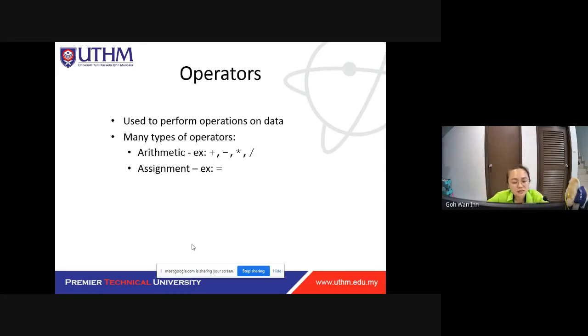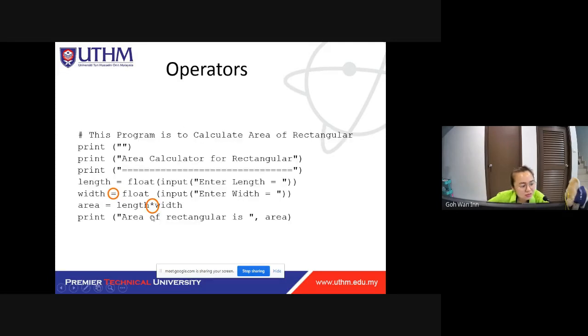And then operators. For this program, you have used the arithmetic and the assignment operators. Okay? They are used to perform operations on data. We will explain this more in chapter 4. This is just an appetizer for this course. So for example, this is the assignment operator.